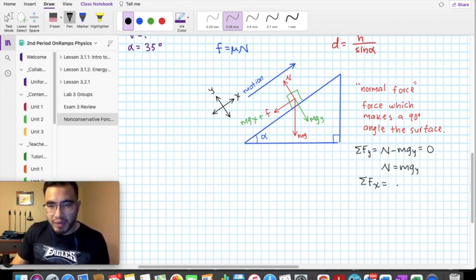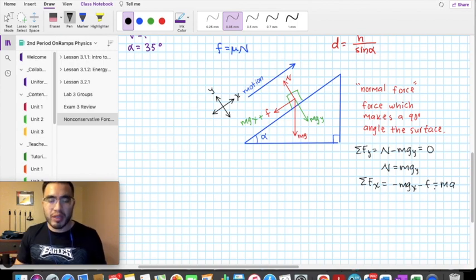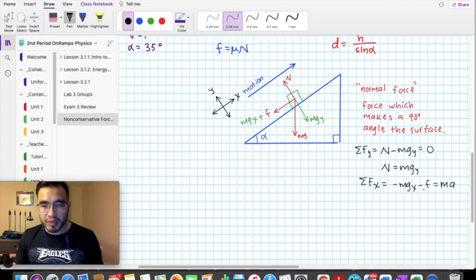So we have negative mg_x minus the force of friction. Now, since this person's slowing down, there's some negative acceleration, and we'll get a negative number after this, right? But again, we don't really need this one. There's an acceleration because they're slowing down, so that'll be a negative acceleration.